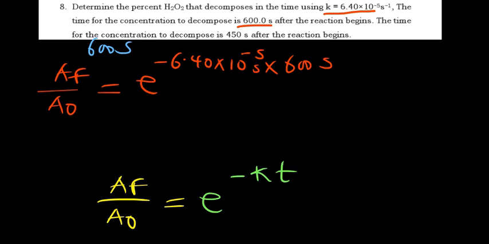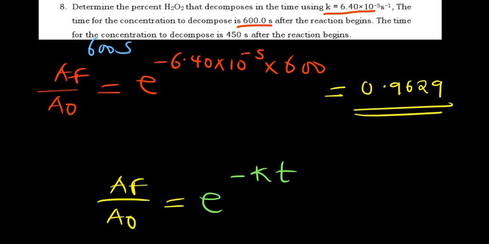Don't forget the seconds negative and seconds cancel out. When you plug in those values, the value you get is 0.9629. That's the ratio of the final to the initial.